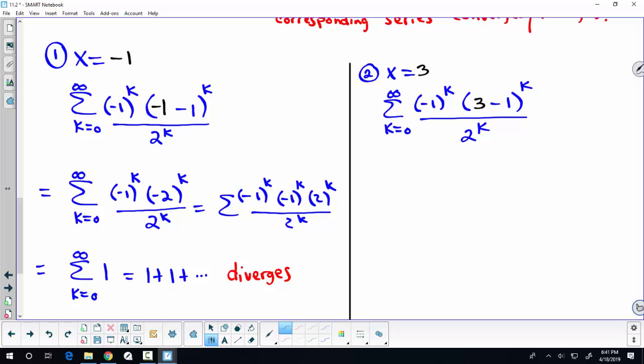So when x is 3, does that given series converge or diverge? So -1 to the k, do y'all agree? Diverges?